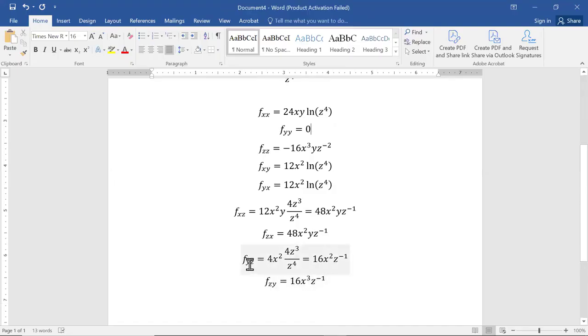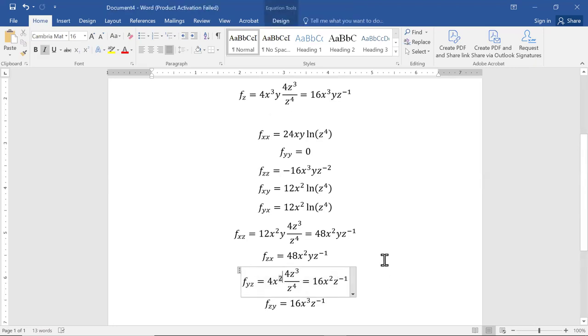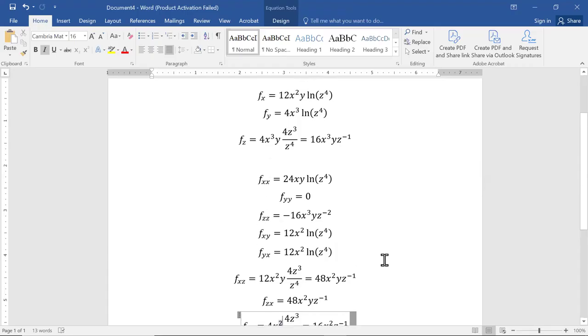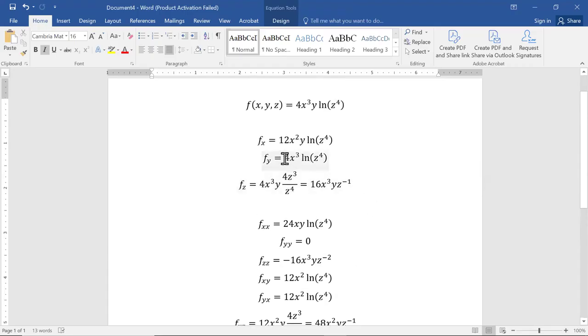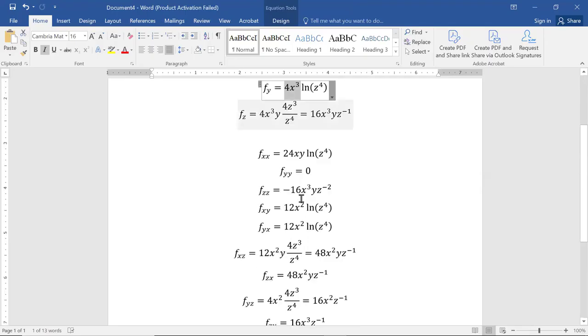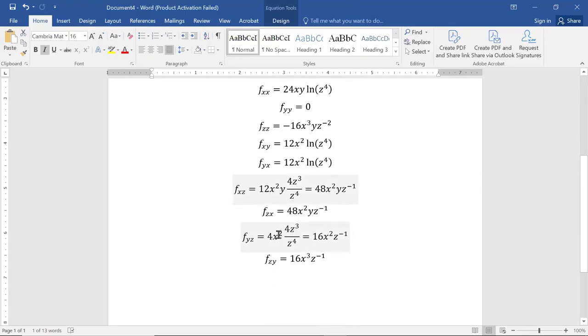That's why I like to do both of them, just so that I don't make a silly mistake like I did here. Now, I did this a little bit purposefully, but technically, when you do f sub y then z, notice I had mistyped. I put 4x squared instead of 4x to the third. I was supposed to have 4x to the third in this one.